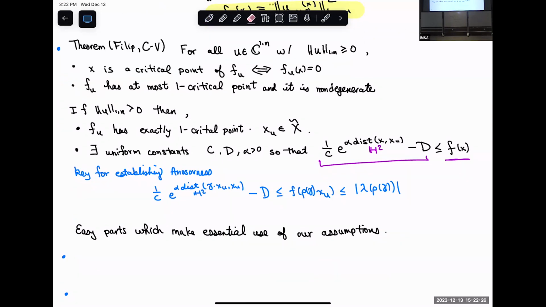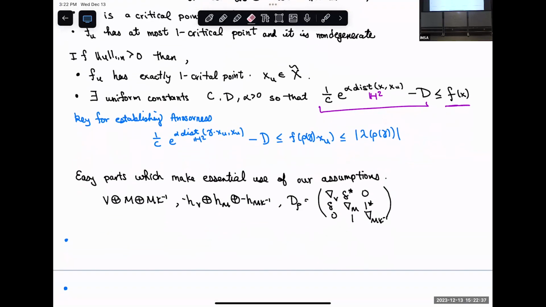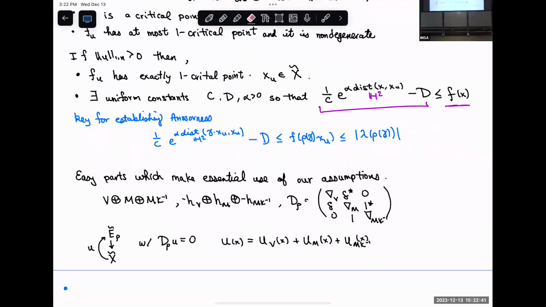So the definition of the function seems quite innocent, but it's amazing how much mileage you get out of it. So let's just recall that this is my Higgs bundle I'm working with, and this is the decomposition of the flat connection. Again, I have a flat section of the bundle pulled back to the universal cover, and I get to write that as a sum, where each summand is the projection onto each of the pieces.